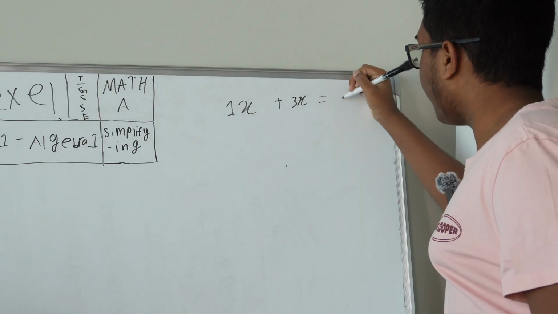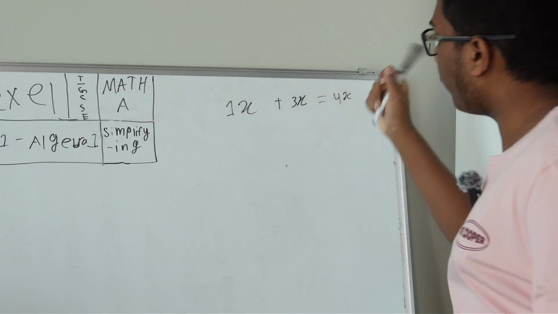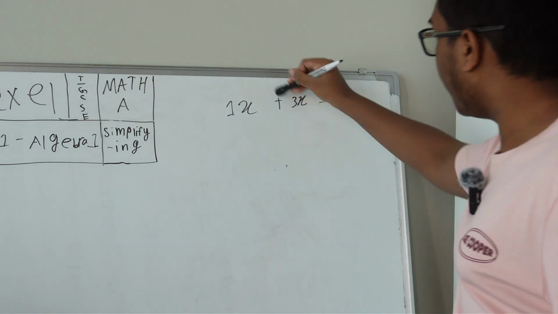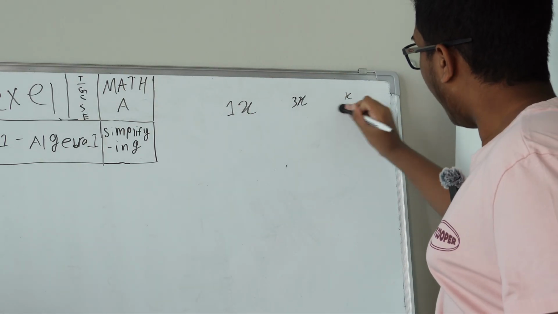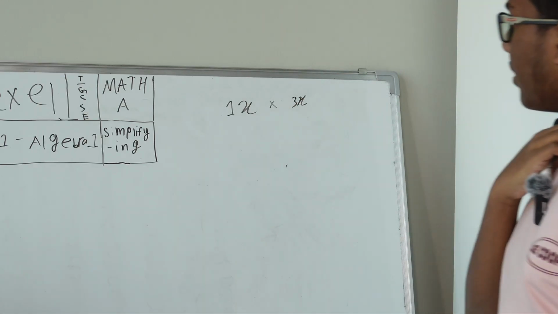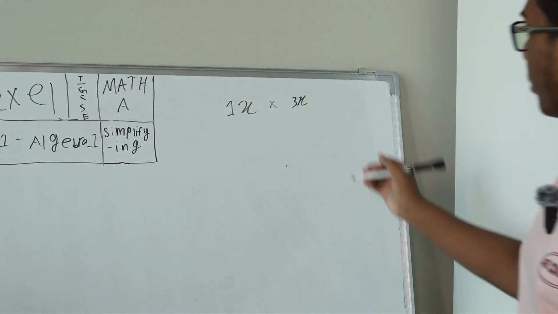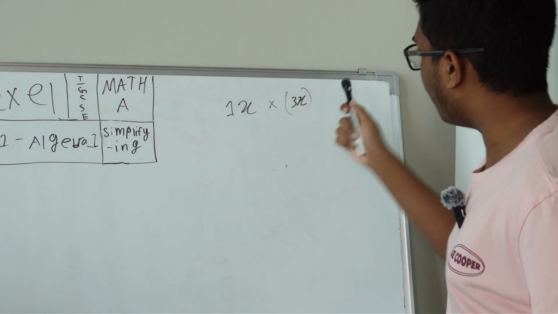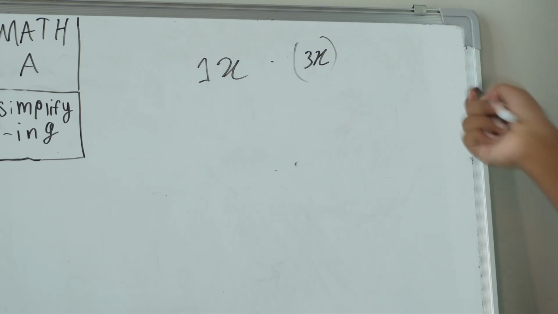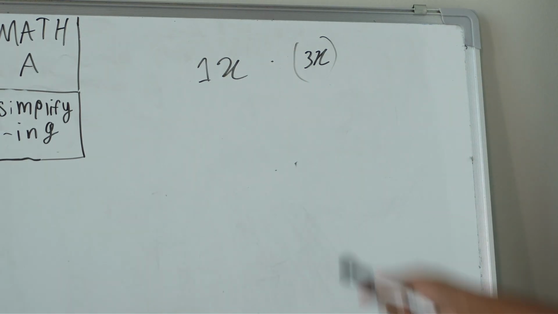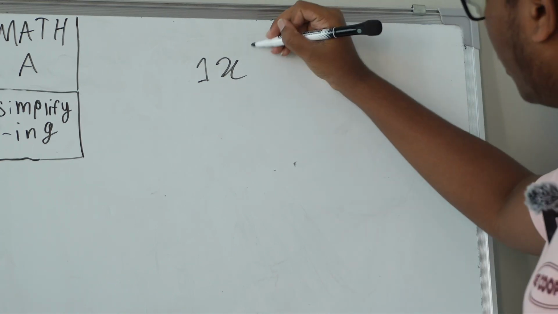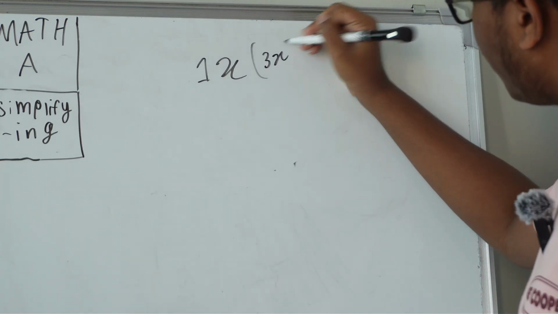So 1x plus 3x is equal to 4x, because 1 plus 3 is 4. Simple, isn't it? Now let's give a different scenario: 1x times 3x. You could also write it as 1x times bracket 3x, or 1x dot 3x, mind you the dot has to be in the middle, or just 1x bracket 3x.